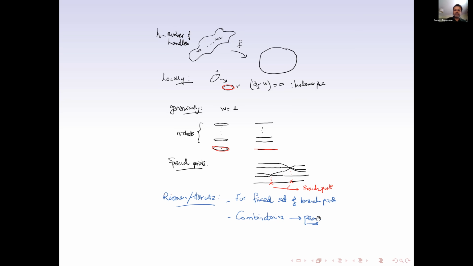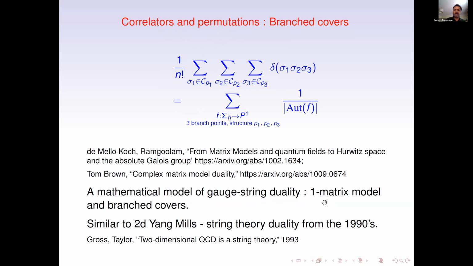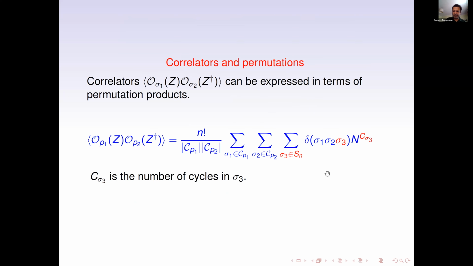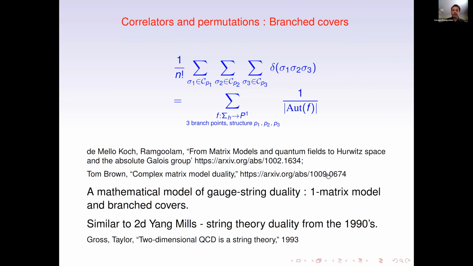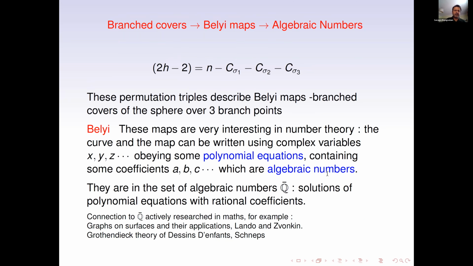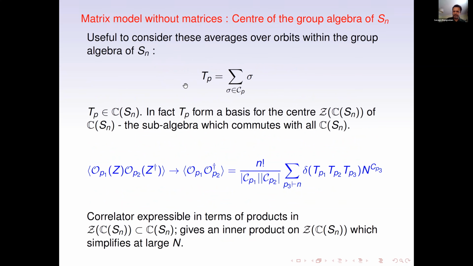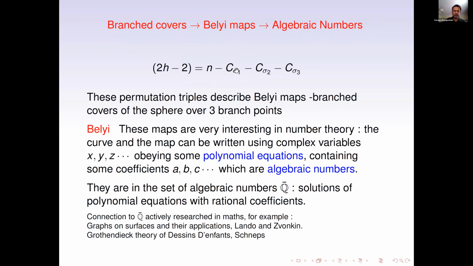So we started with matrix models, and then we arrived at a counting which is directly related to the counting of holomorphic maps with a fixed branching structure. And you sum different things like this, you get the correlator in the matrix model. And the genus of the map is directly related to the cycle structures of these permutations.